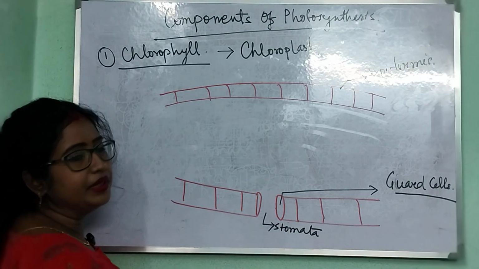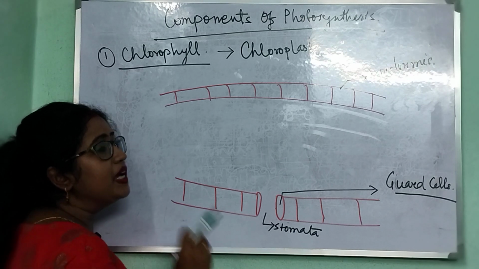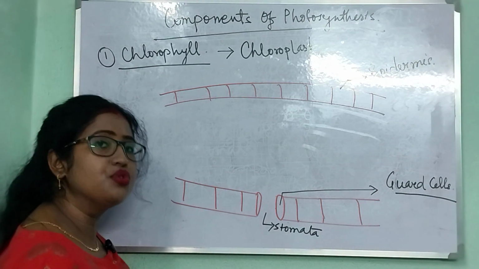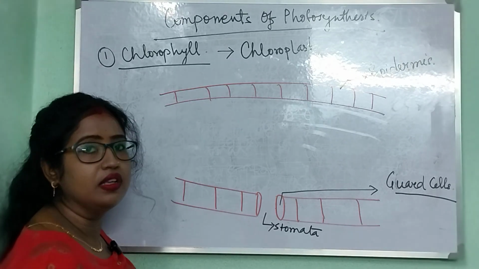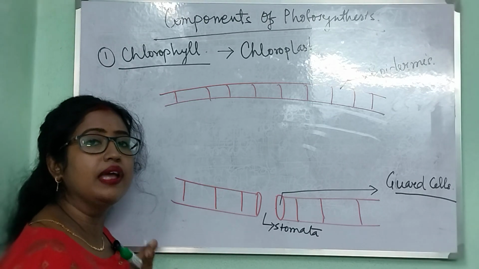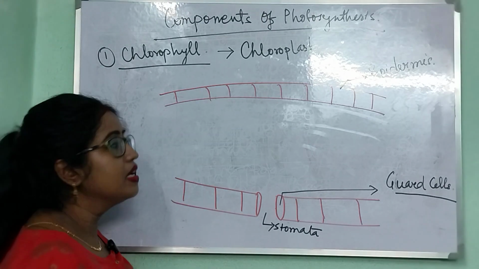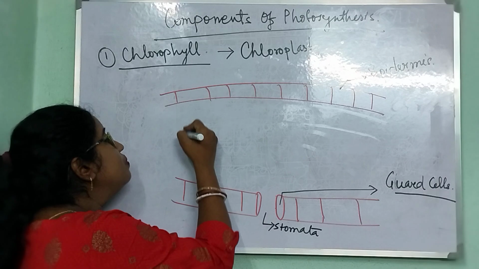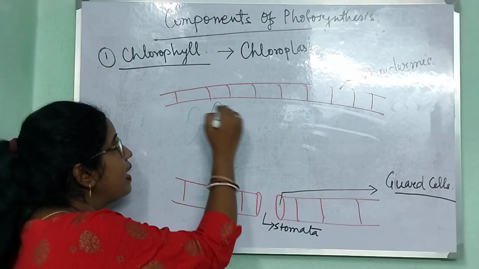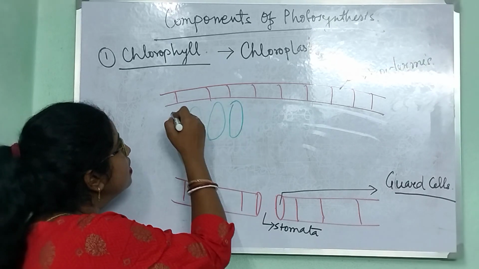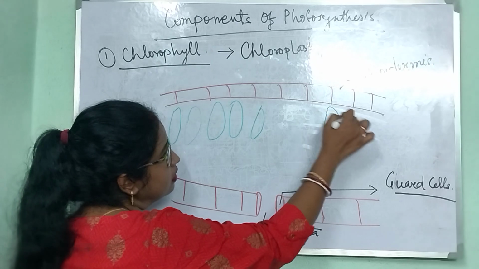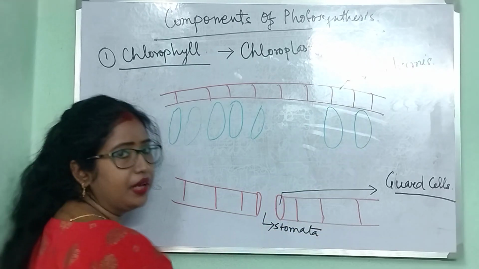Beneath the epidermis, a special type of tissue is present, known as mesophyll. The mesophyll tissue is composed of 2 types of parenchymal cells. The first is known as palisade parenchyma, which has an elongated shape.